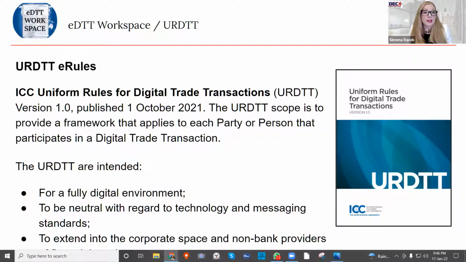The effect these rules are going to have on international trade cannot be overstated. These universal e-rules, together with video communication and interactive document technologies, enable millions of businesses all over the world to meet online, share documents, and trade at low cost with no bank fees, since banks are not involved in a URDTT transaction.